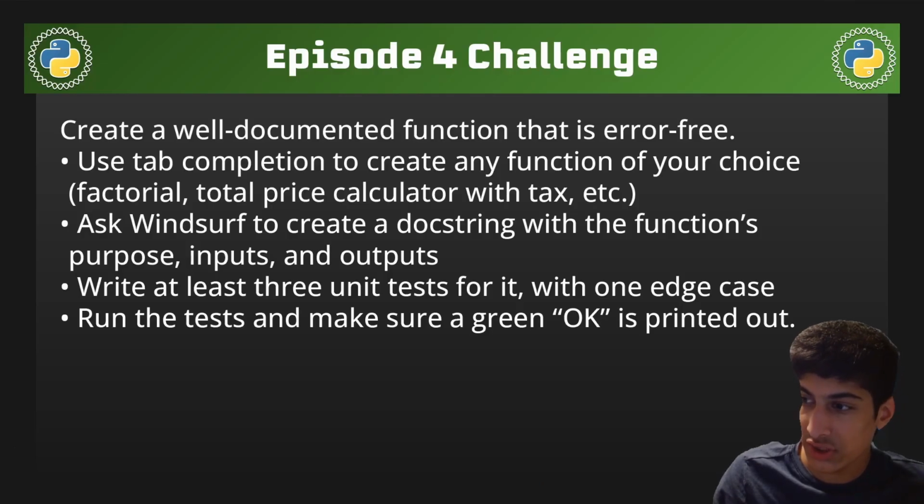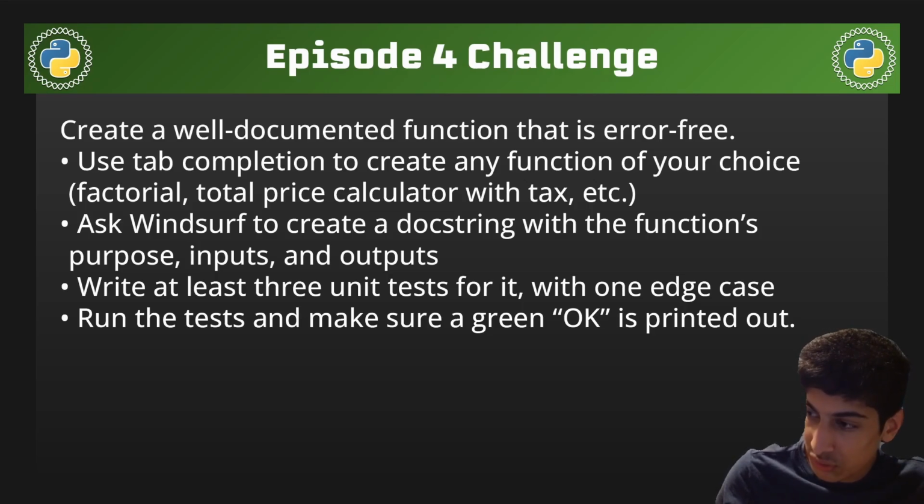So as the challenge to conclude episode 4, try to create a well-documented function that's also free of any errors. So firstly, use tab completion to create any function of your choice. So this could be a factorial function or a tax calculator, for example, but you can do a different function as well.